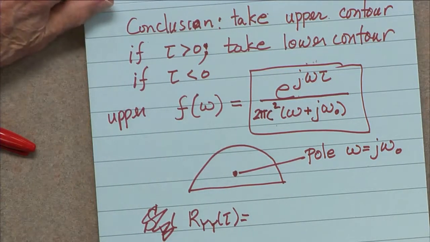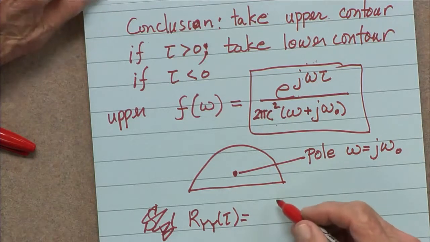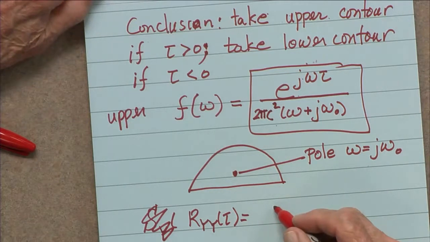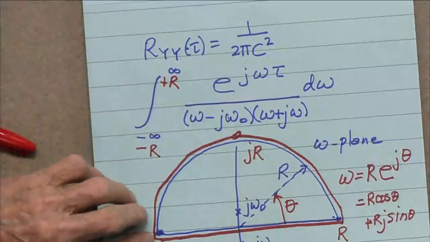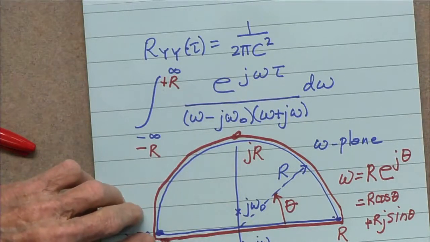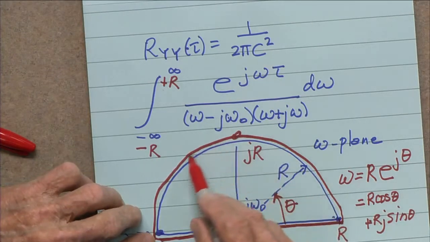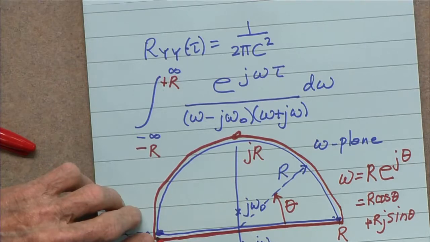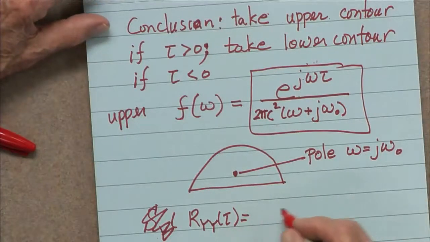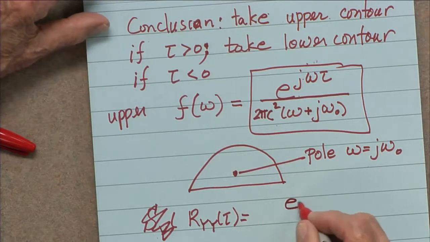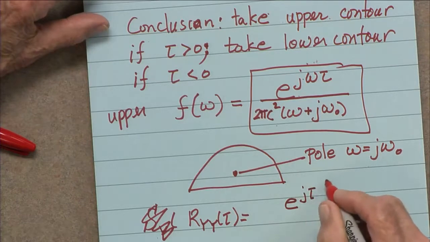So R_YY is this integral from here to here. This integral is 0, so it's evaluated only at that pole j omega 0. So R_YY is e to the j tau times what?